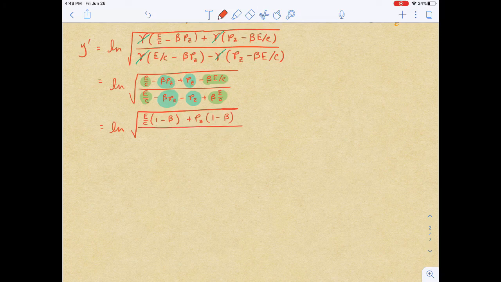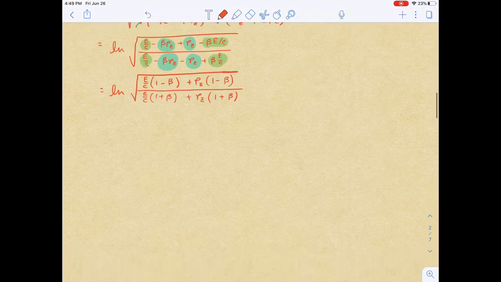Similarly at the bottom, e divided by c, we have 1 plus beta. This one is just addition, it's a subtraction. And then taking out pz again, first taking out of here, then here. It's one over the other. It's the same thing. We have 1 plus beta. Now, we're rolling with the factorized form.